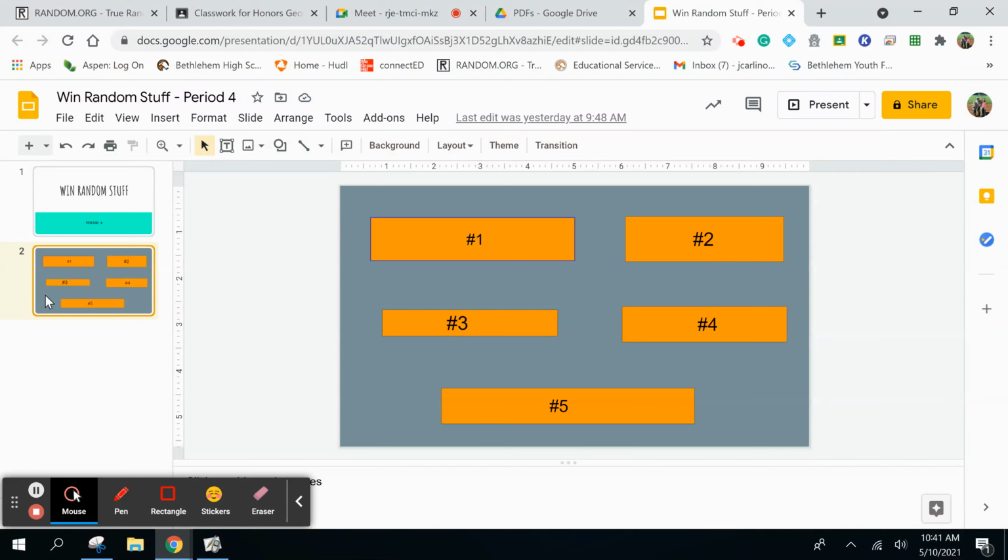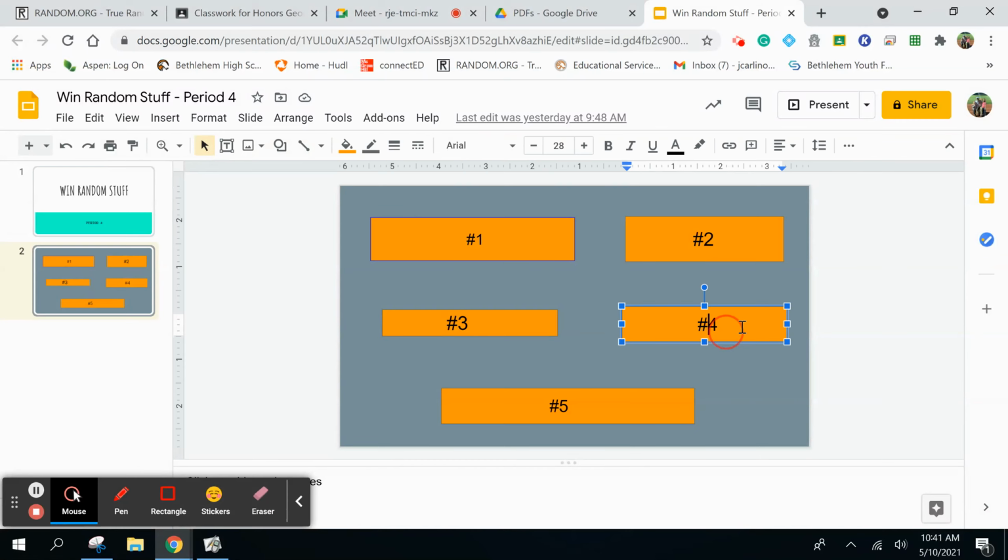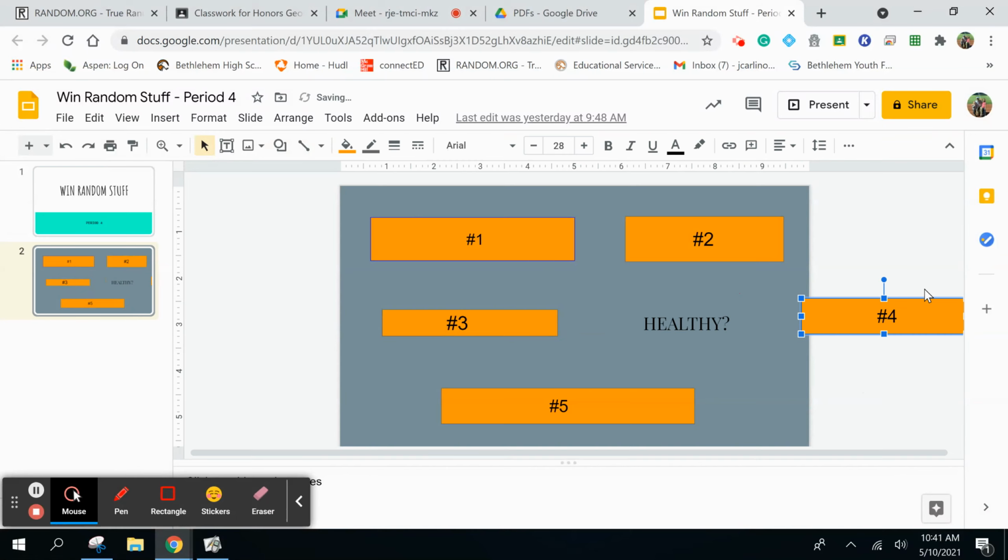All right, Maeve. So here we go. First time here. 4. All right, let's see what 4 says. Let me move this off. Healthy? Question mark. You can choose to accept that prize, whatever you think it is, based off the clue healthy, or you can go for another one, but if you go for another one, you have to pick that.